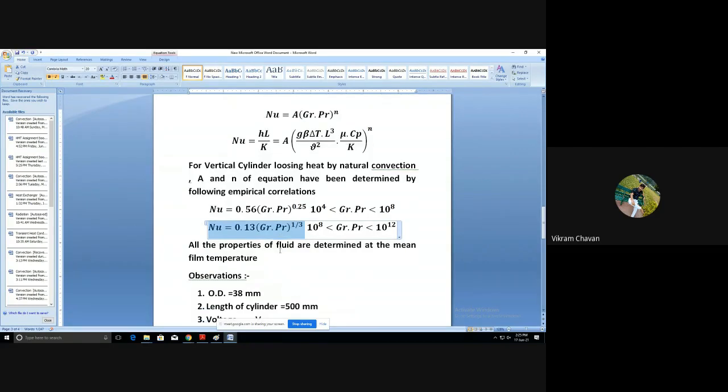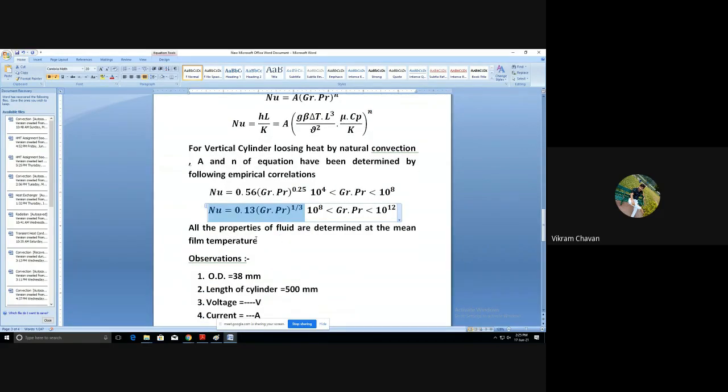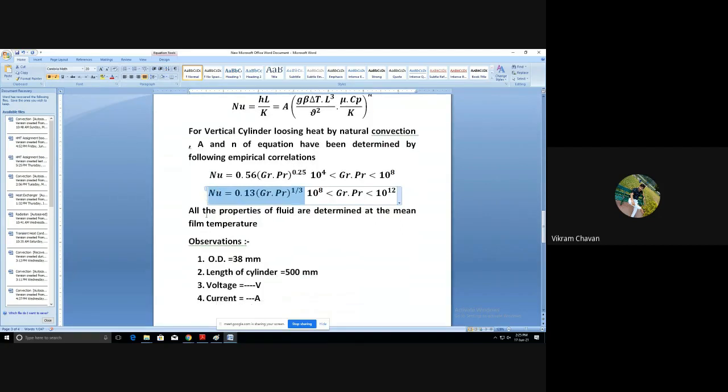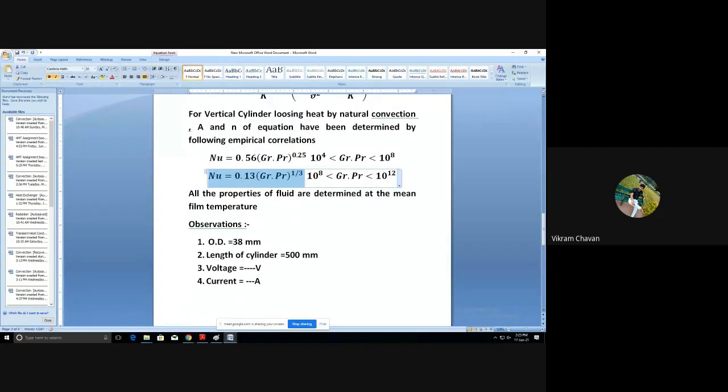Okay, so you require some observations, and by using one of these empirical correlations, you will get the heat transfer coefficient. First is the outer diameter of the tube or vertical hollow cylinder, which is equal to 38 mm. Then the length of the cylinder, which is equal to 500 mm.